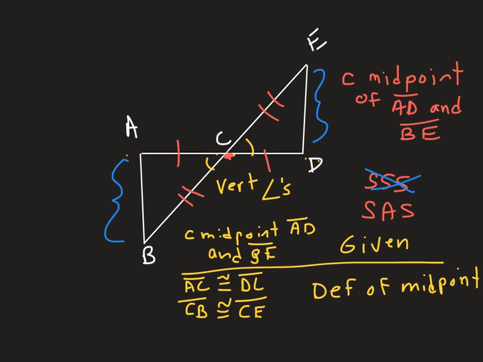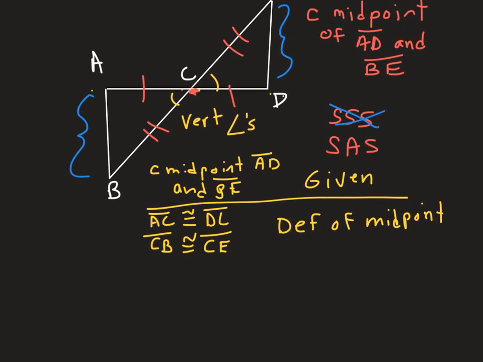All right, so what else do we know? As we look at this, I need to talk about that angle here. We can't just call it angle C because it's in two different triangles. So we have to specify, and I'm going to say angle ACB.